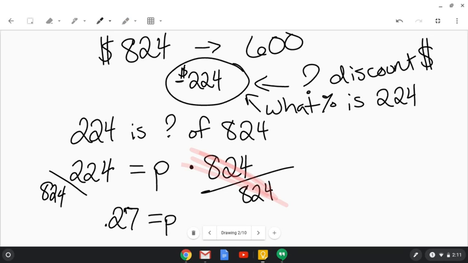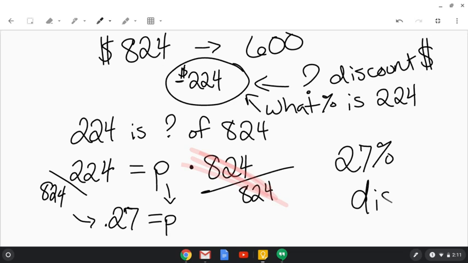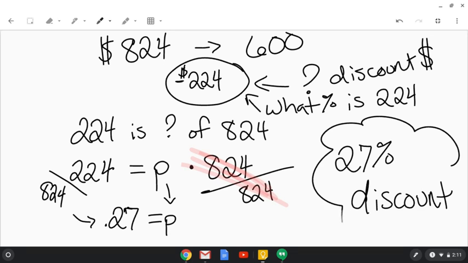So the only thing that came down was the P. And this 0.27 is the result of 224 divided by 824. So 0.27 is 27%. So this person got a 27% discount when they went shopping.